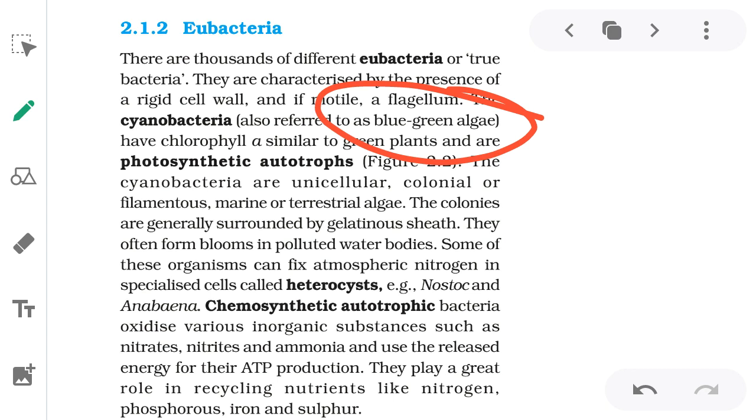Why are we using alga? Because cyanobacteria are made up of phycocyanin and chlorophyll.